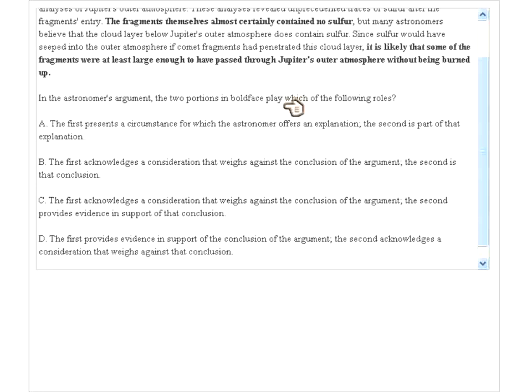First boldface. All right. So that is a claim because, again, it has a qualifier on it. You wouldn't present facts with almost certainly. Make sure you guys know this.